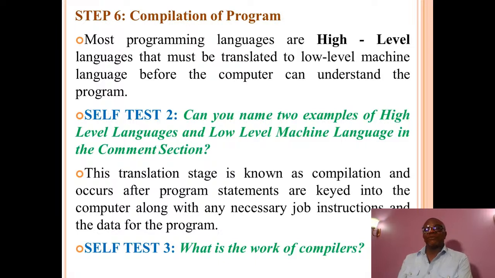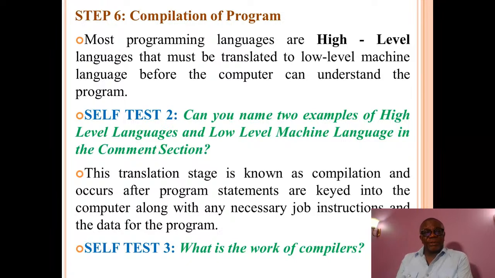And when we talked of machine languages, we talked of machines understanding zeros and ones. So our self-test number 2 is: can you name 2 examples of high-level languages and low-level machine language in the comment section?